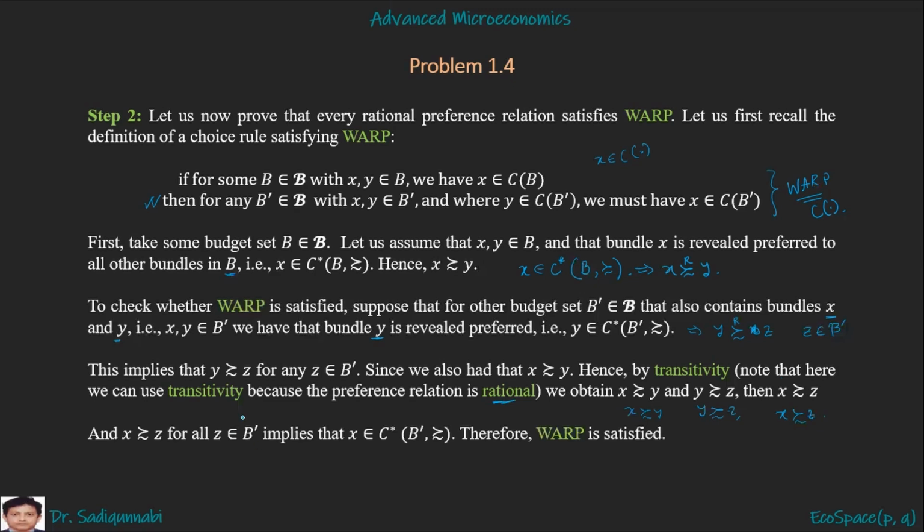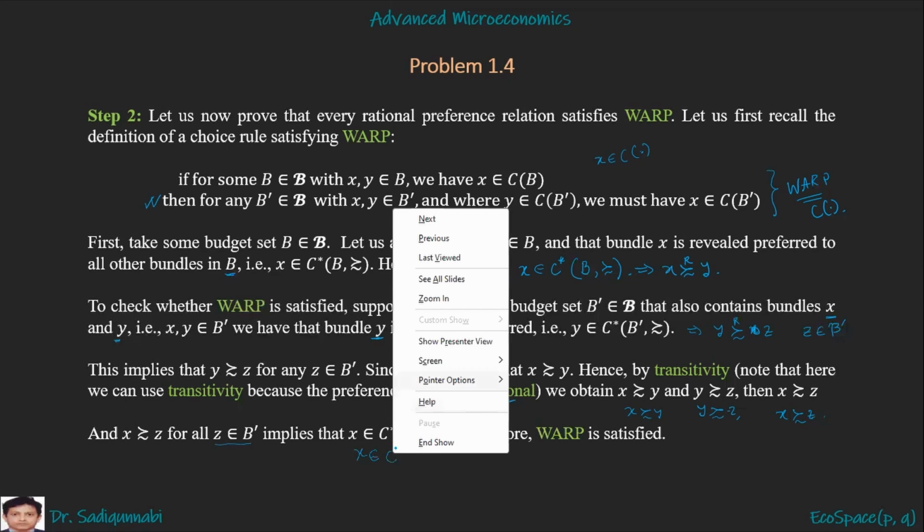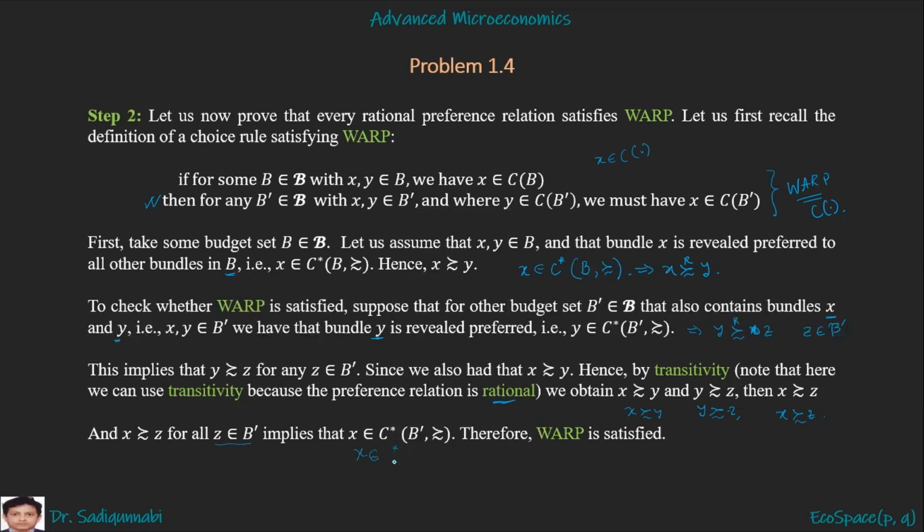So for all Z in B prime, this implies that X belongs to the optimal choice rule of budget B prime and the preference relation. Therefore, we can say that WARP is satisfied.